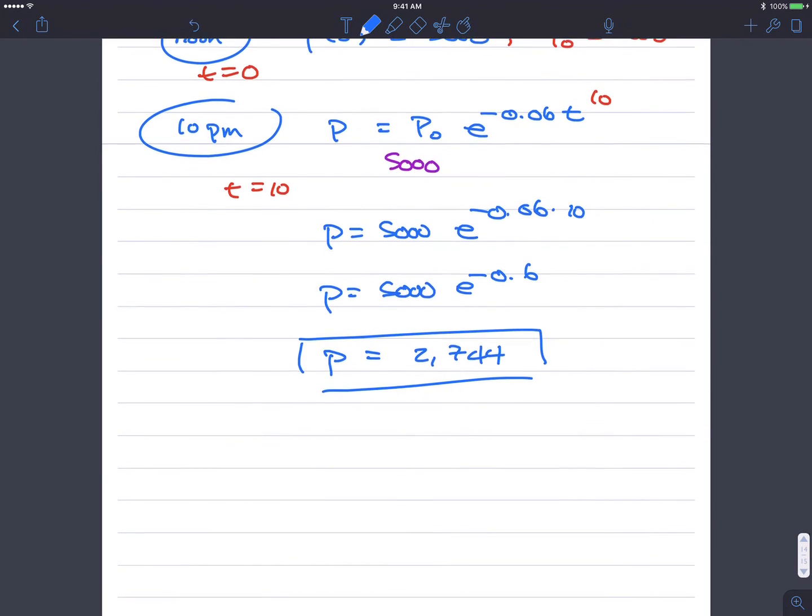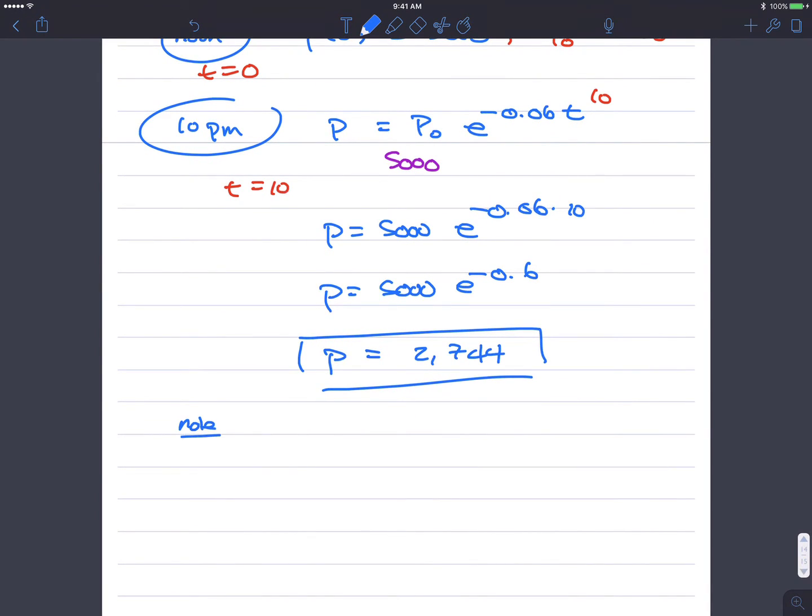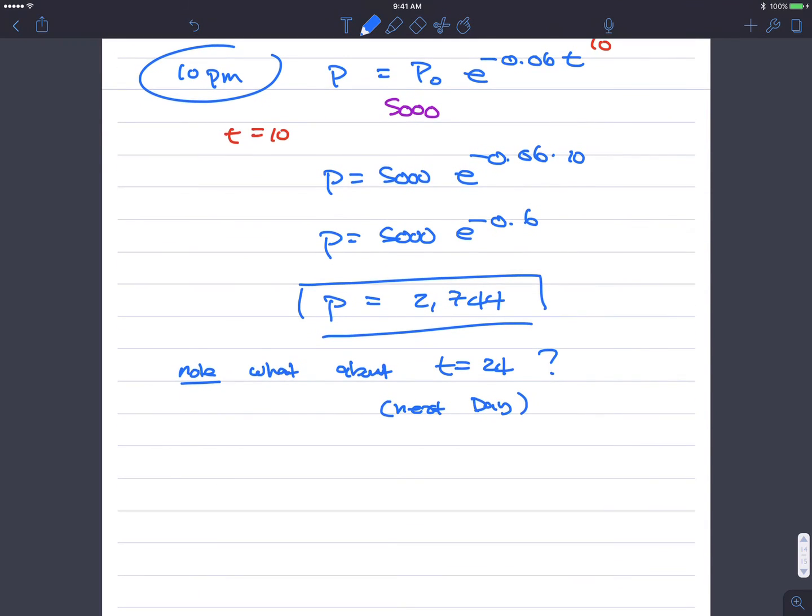Okay, so let's do a note here. What about when T is 24? In other words, what about the next day? If you ever got sick, food poisoning, and took those antibiotics, you want to know how you feel the next day. That's probably dependent upon how many pesky bugs are in your system. See what I mean?